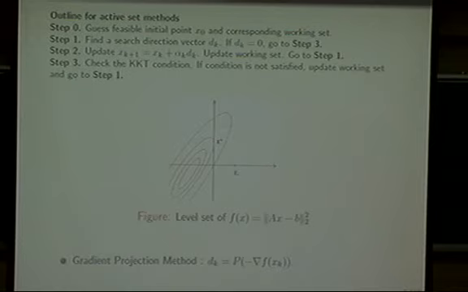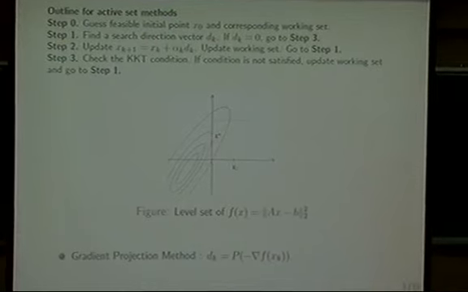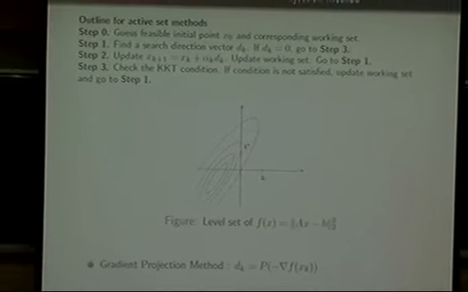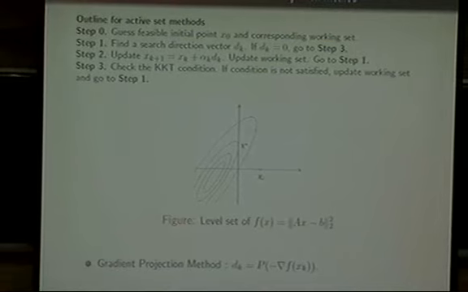But if you have very large dimensions, then it's harder to find which one is in the active set and which one is not. Anyway, first we take x0 and find the corresponding working set, and we find a search direction. If that direction becomes 0, then we stop.